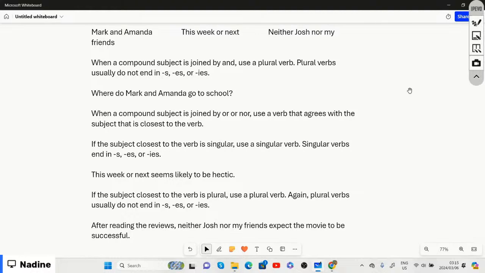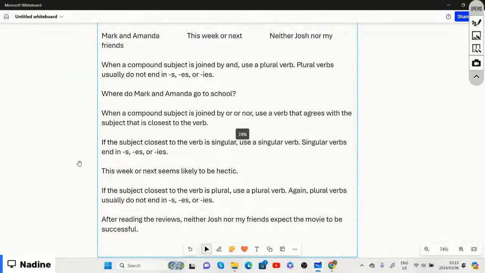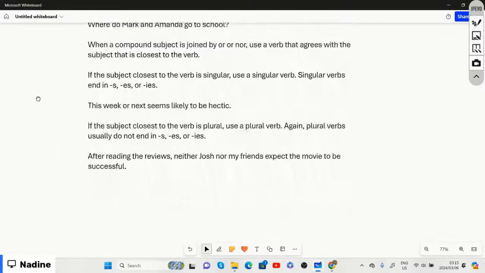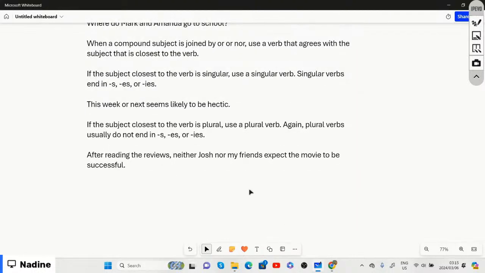All right. So, this week or next week seems likely to be hectic. This is when we are using a singular verb. This week or next week seems likely to be hectic.